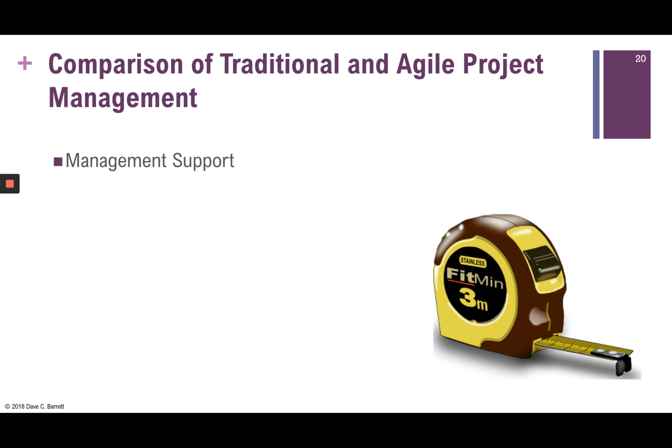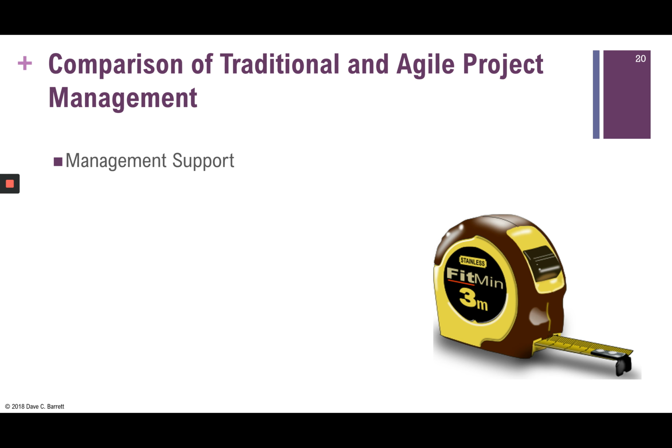Now, the one thing that is needed in both traditional and agile project management is top management support, but particularly in agile project management, there's an additional need for management support. For example, the fact that the development team self-manages, and the fact that the development team selects the items to a large degree that will be included in each sprint, is very different from traditional management, where the managers decide and let the workers know.